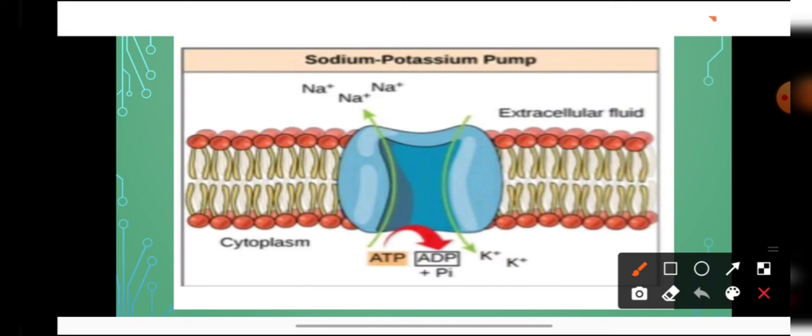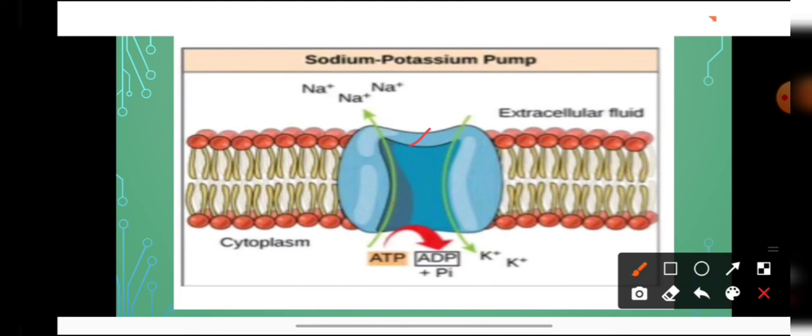It involves the participation of carrier proteins, and these carrier proteins are the sodium-potassium ATPase. Sodium-potassium ATPase carrier protein will need one molecule of ATP to pump out 3 sodium ions outside and to pump in 2 potassium ions inside.